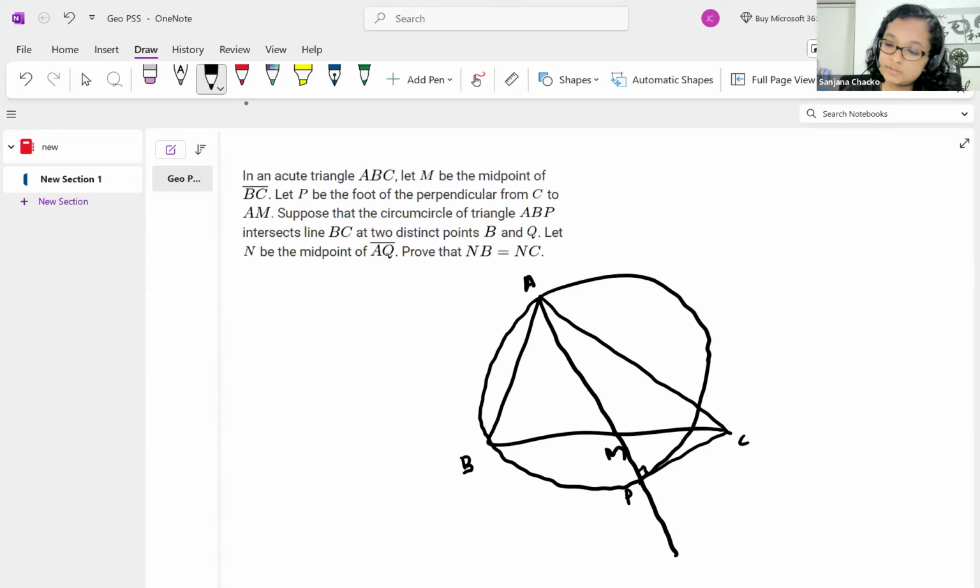You're given that the circumcircle intersects BC again at Q, and N is the midpoint of AQ. You want to prove that NB is equal to MC. So essentially that N lies on the perpendicular bisector of BC, which would also mean NM is perpendicular to BC.